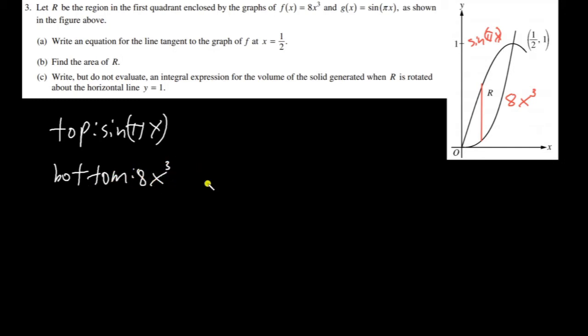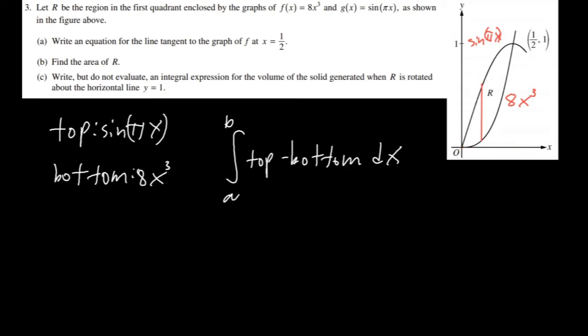So what we can say is that since the graph on the top is sine of pi x, and the graph on the bottom is 8x cubed, we can plug this into the formula for finding the area, which is the integral from a to b of top minus bottom. Okay, and where a and b are the starting and ending points of R.